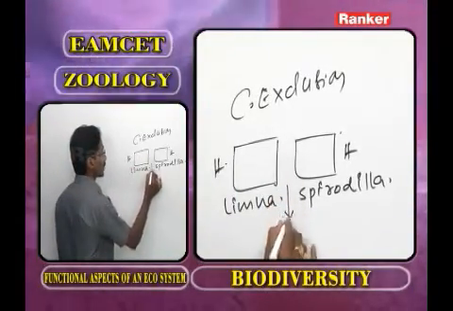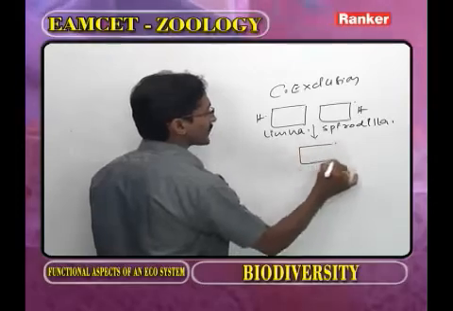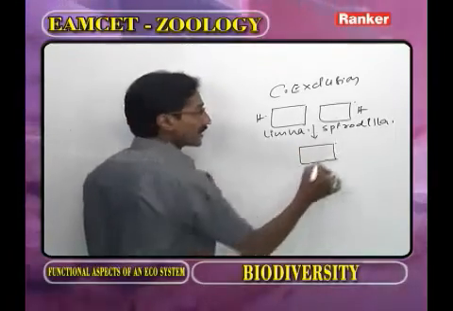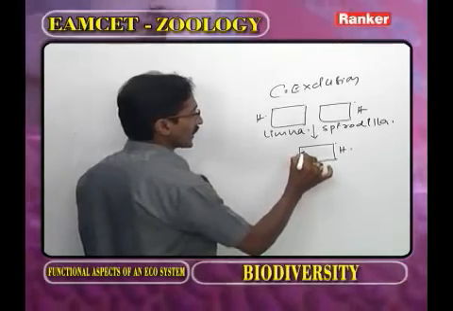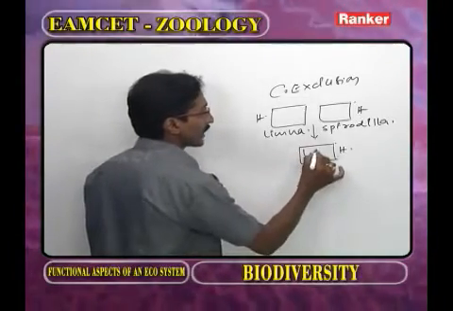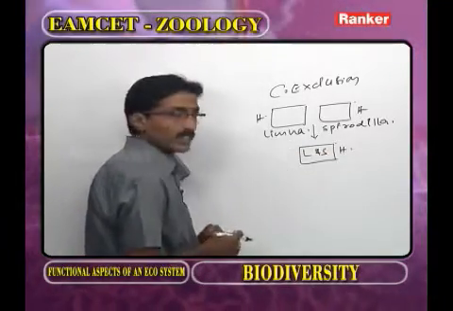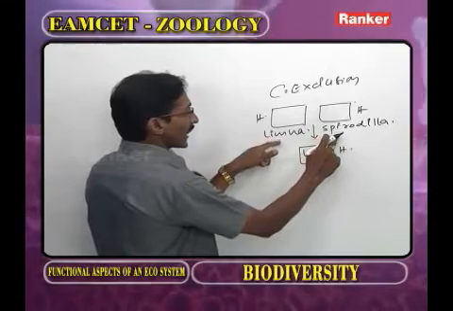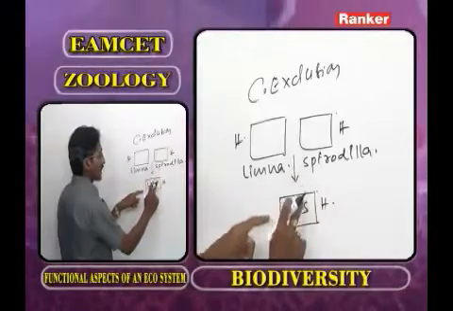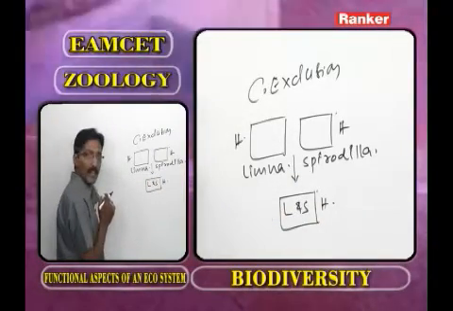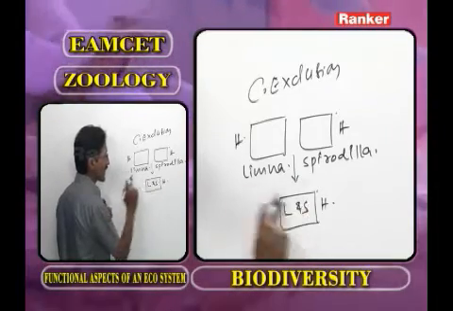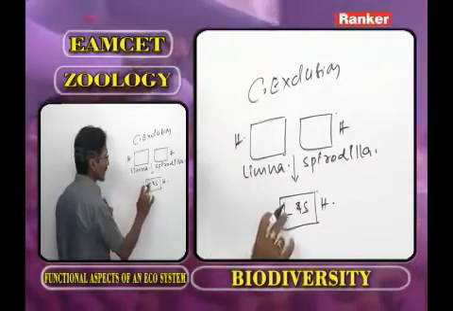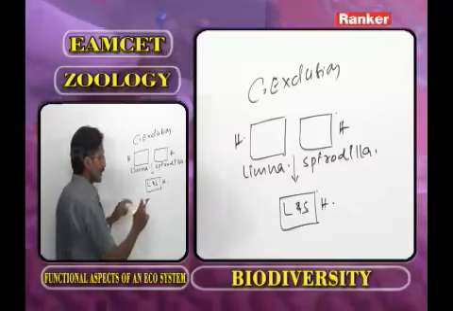Now these two are kept in the same habitat. Now this is one habitat. In this habitat we kept the Lemna as well as Spirodela. Whenever these two aquatic weeds are kept in the same habitat, this is the superior one and this is the inferior one, or this is the dominant one.